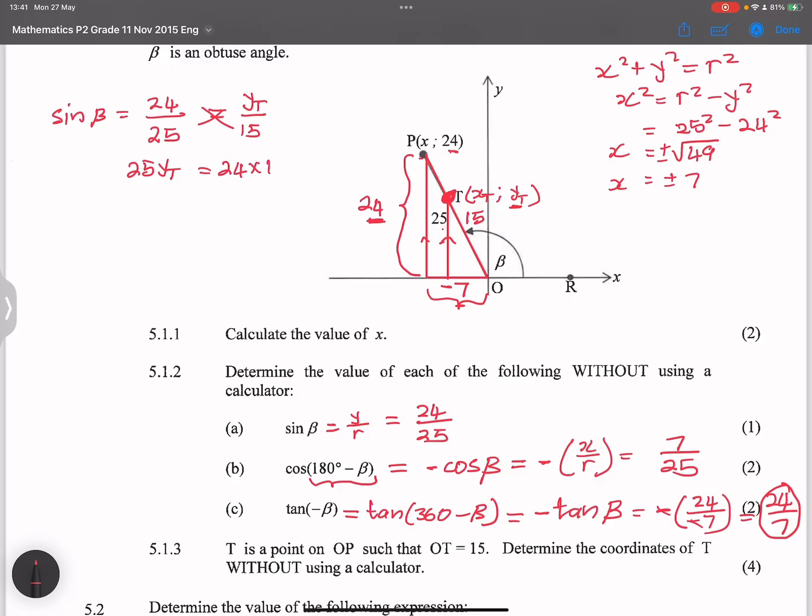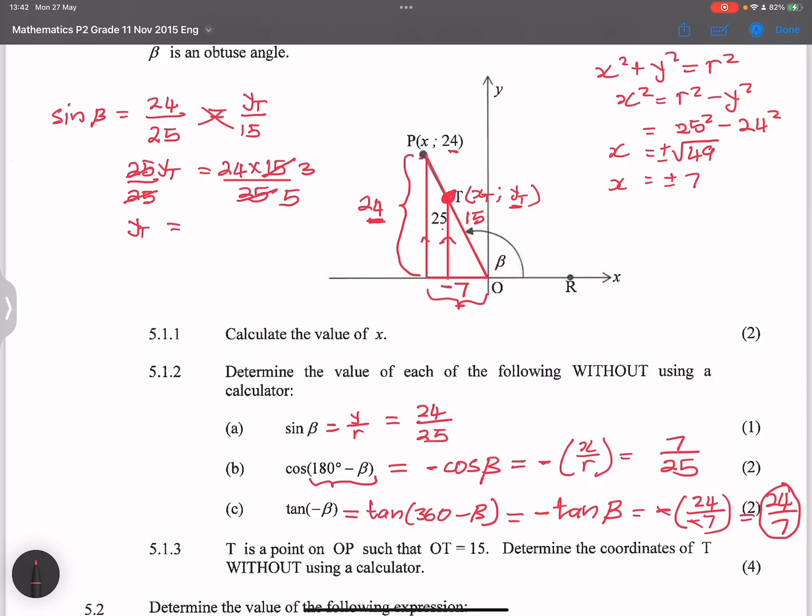Times 15, and I can divide by 25 there, and what I do on the left I do on the right. So what's my Y value at T? Notice that in this case 5 goes into 15 3 times, and into 25 that's 5 times.